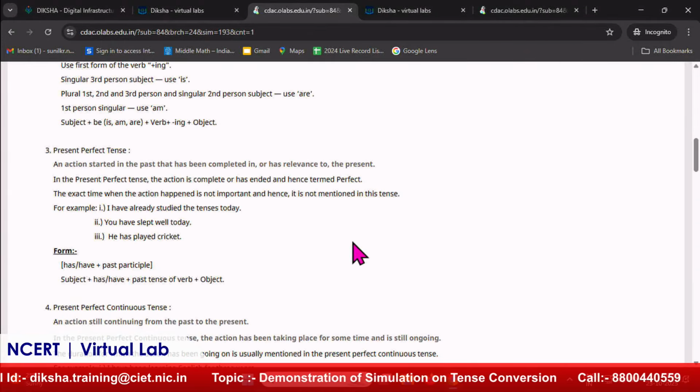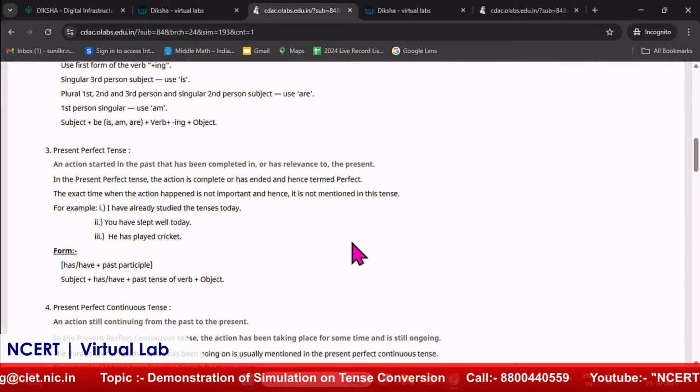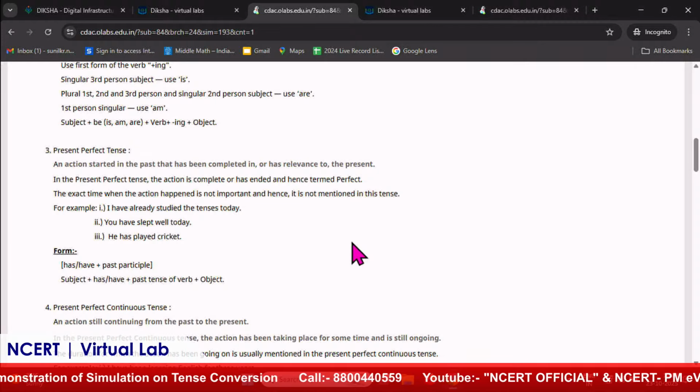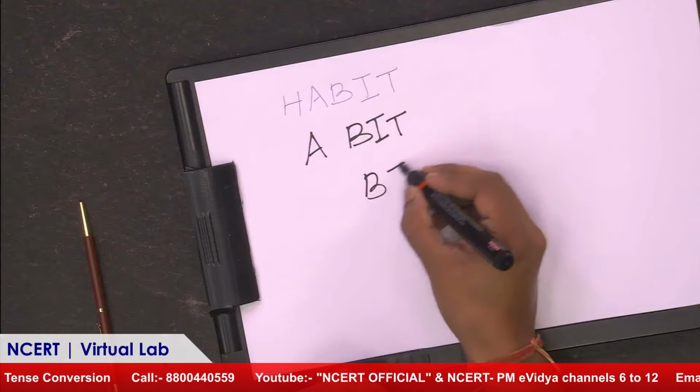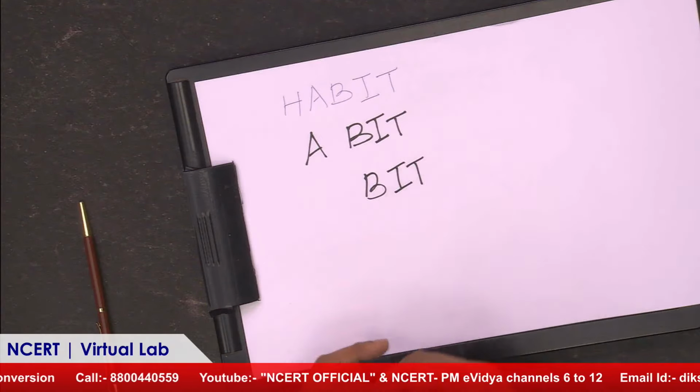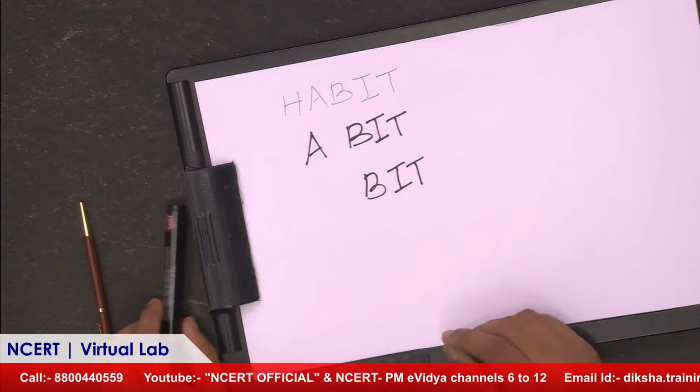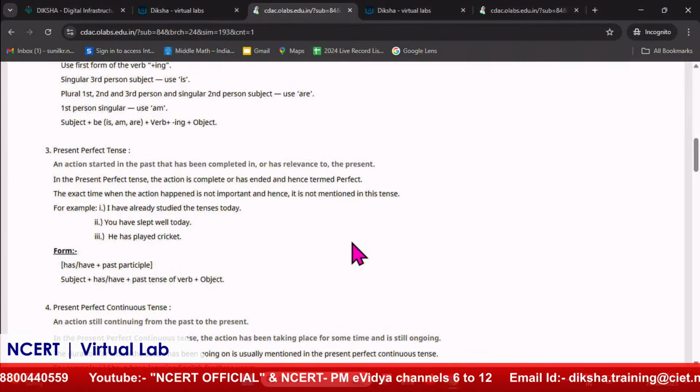Then we have the present perfect tense. Here the first two are very easy; from here things start getting a little complicated. Following the habit and reducing one more, it is a bit of your life, beyond the continuous tense.